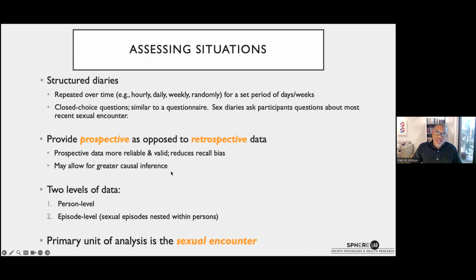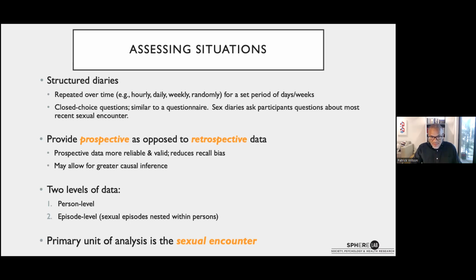So when we talk about diaries, we are obviously talking about repeated measurements. A lot of folks who are not necessarily familiar with this line of work think about a diary and think about more of a qualitative data collection approach. And certainly diary studies have employed qualitative approaches.